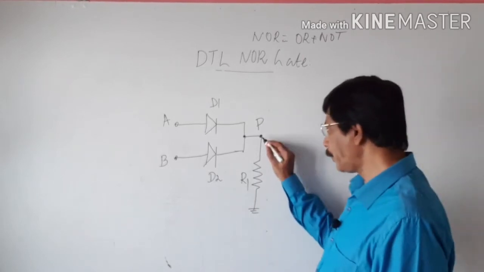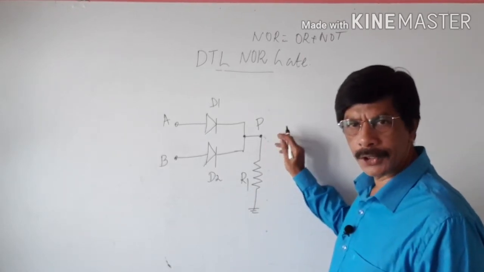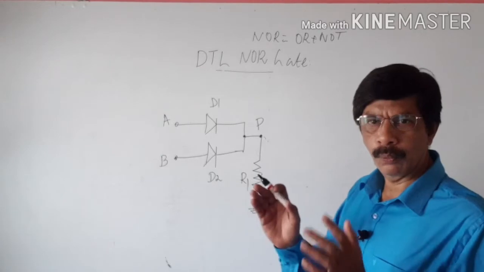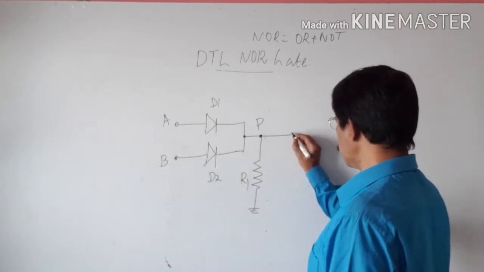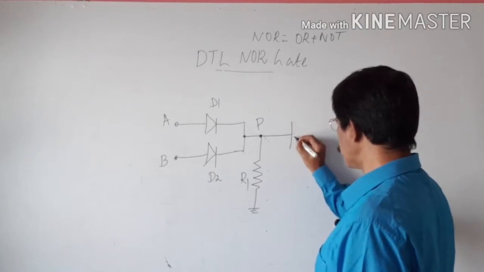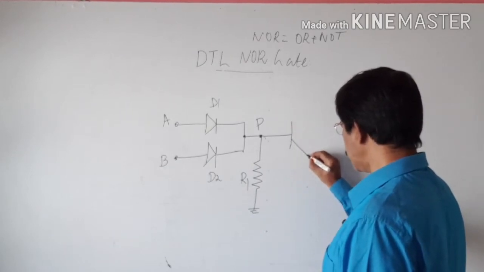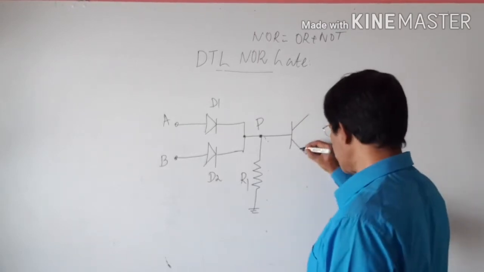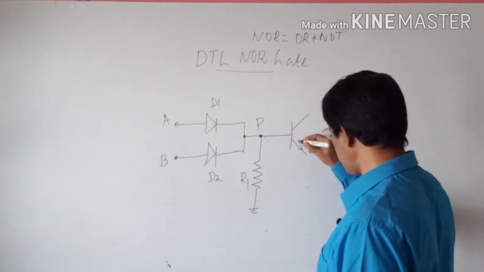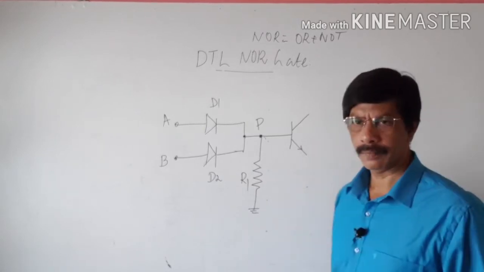The point capital P is connected to the input of one more NOT gate. So this is given to one NOT gate whose base is this one. This is the emitter, this is the collector. Because it is an NPN transistor, the arrow is moving towards the earth.